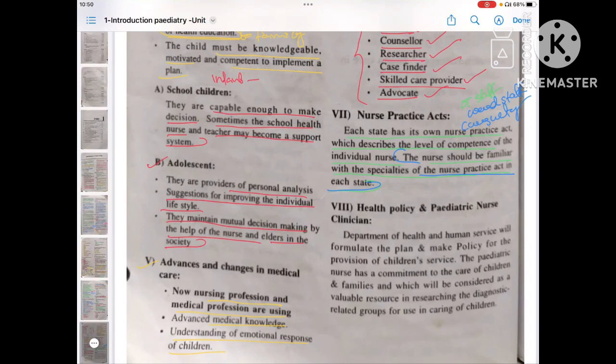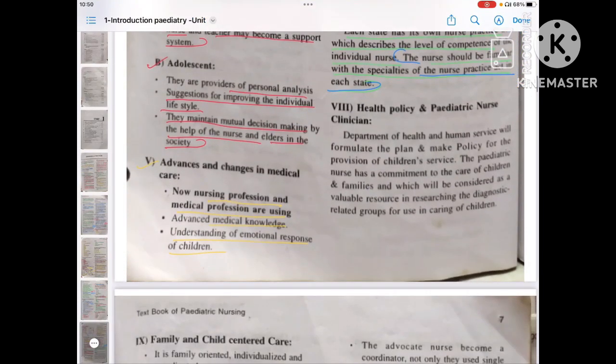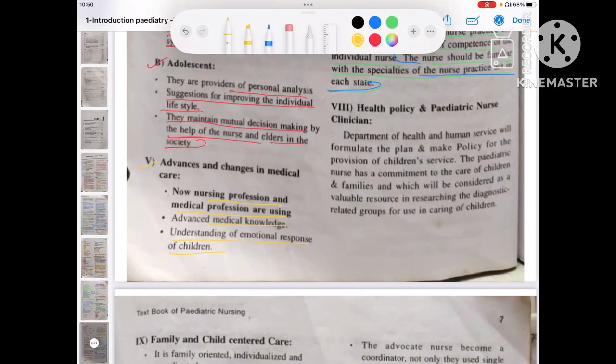Okay, next, the eighth one, is health policy and the pediatric nurse clinician. The Department of Health and Human Services formulates the plan and makes policy for the provision of children's services.